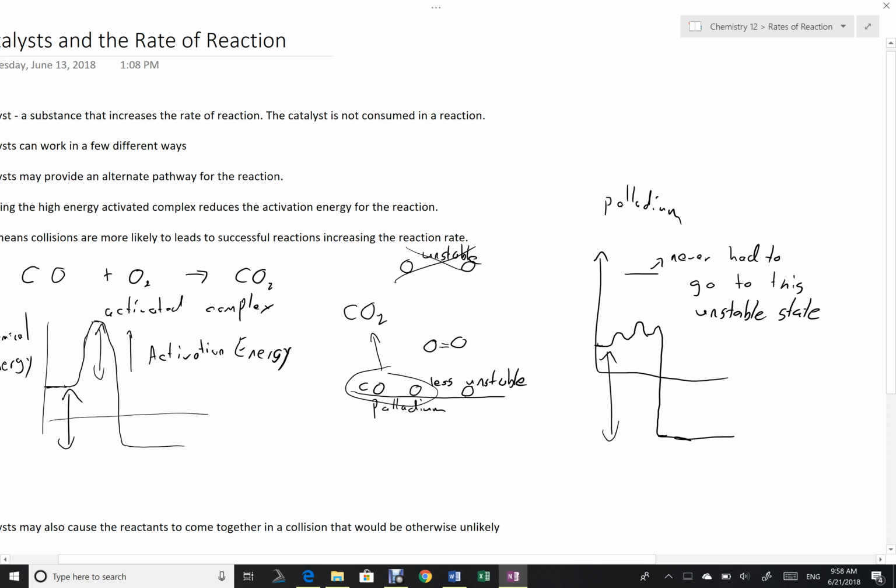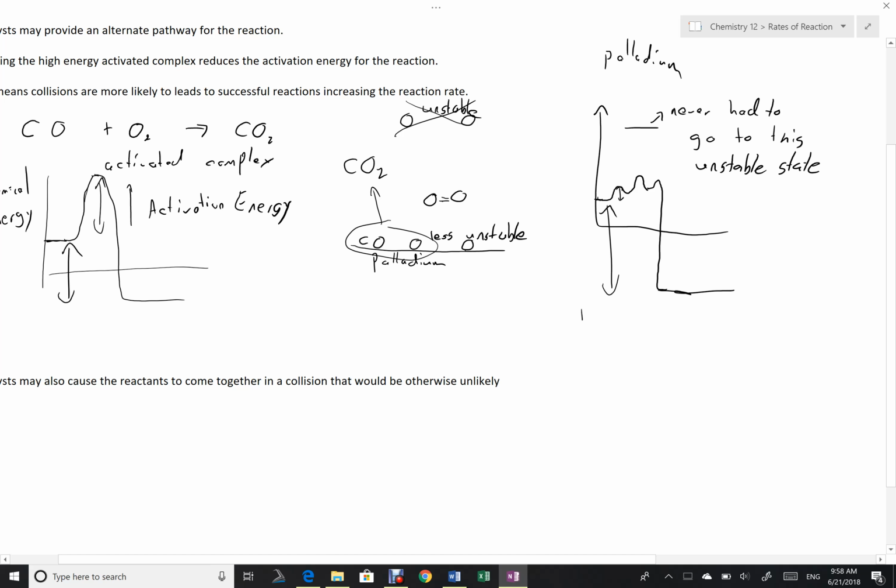What that means then is that when collisions occur, they don't have to have this huge activation energy. They can have these smaller activation energies, which means it's more likely that the average collision will be successful in completing this chemical reaction. If we imagine our Maxwell-Boltzmann distribution, and we have our curve like this, and this high activation energy, I'll call it A, may sit out here.